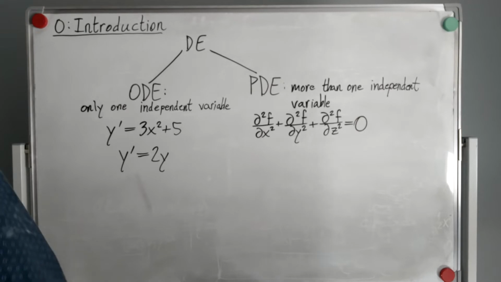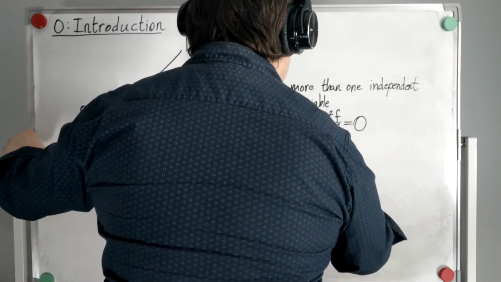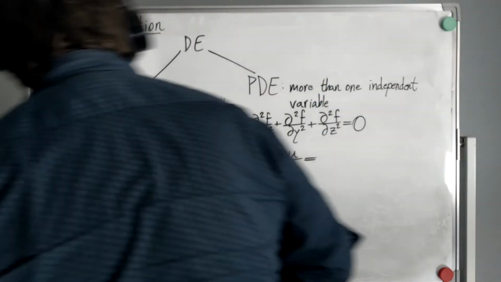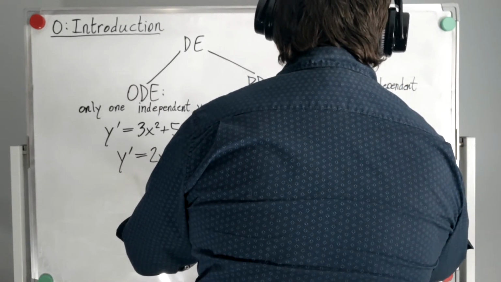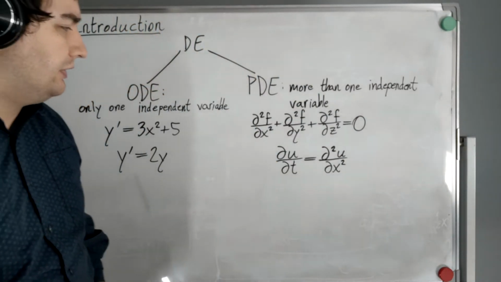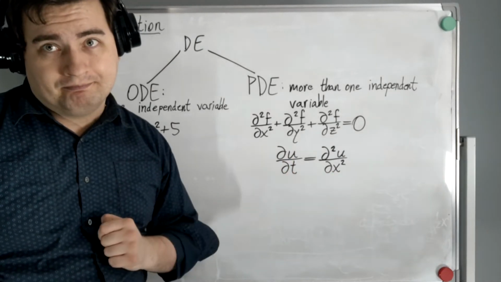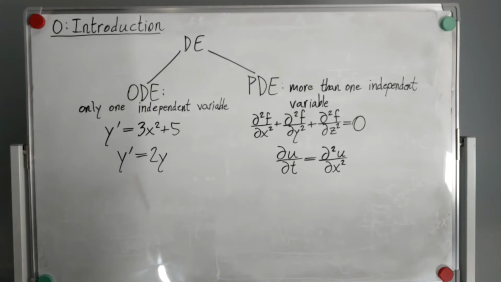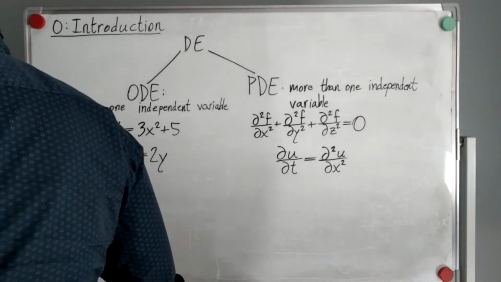Another example of a partial differential equation could be something like partial u partial t equals partial squared u partial x squared. Again, harder, and again, a partial differential equation because u depends on both t and x. That's called a heat equation. Not that you'll need to know that necessarily.